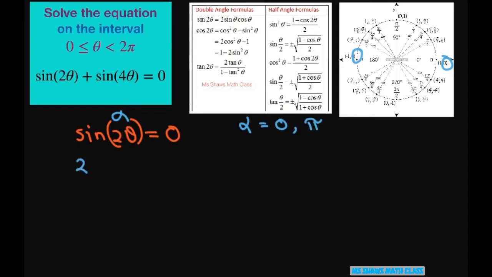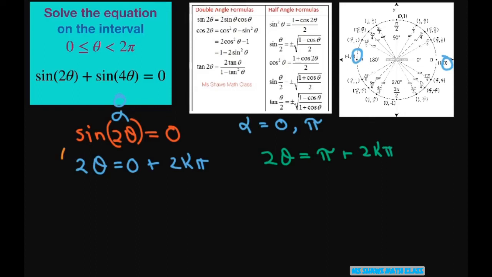So we want 2 theta to equal 0 plus 2k pi, because if this is 0, then I get the correct solution, or 2 theta equals pi plus 2k pi.